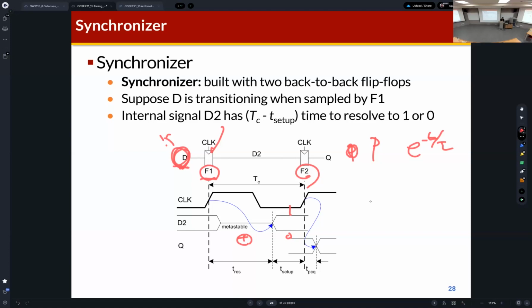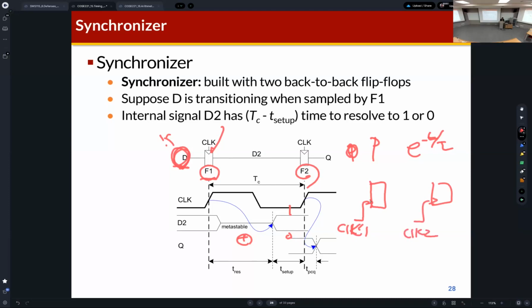Sometimes, also inside of a chip, the clock can be different. Like this flip-flop is connected to clock 1, or this flip-flop is connected to clock 2.